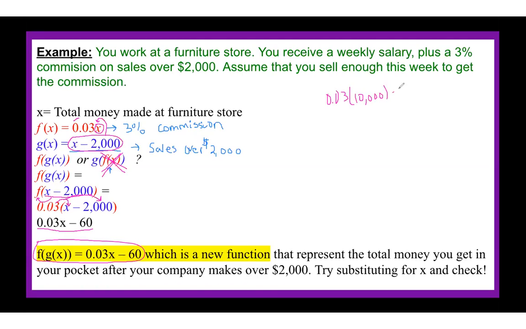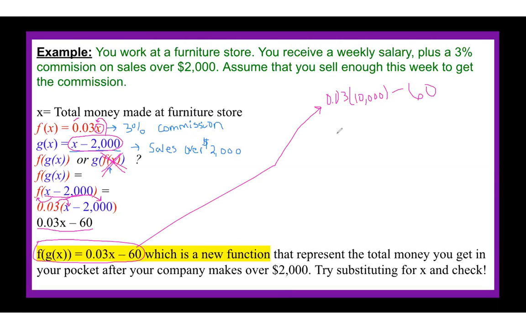I bet it'd be easy to make like 10,000 in a furniture store, minus 60. Again, I'm using the new function down here. Using my handy dandy calculator on my phone, I'm going to do 0.03 times 10,000. Then I have to subtract 60.